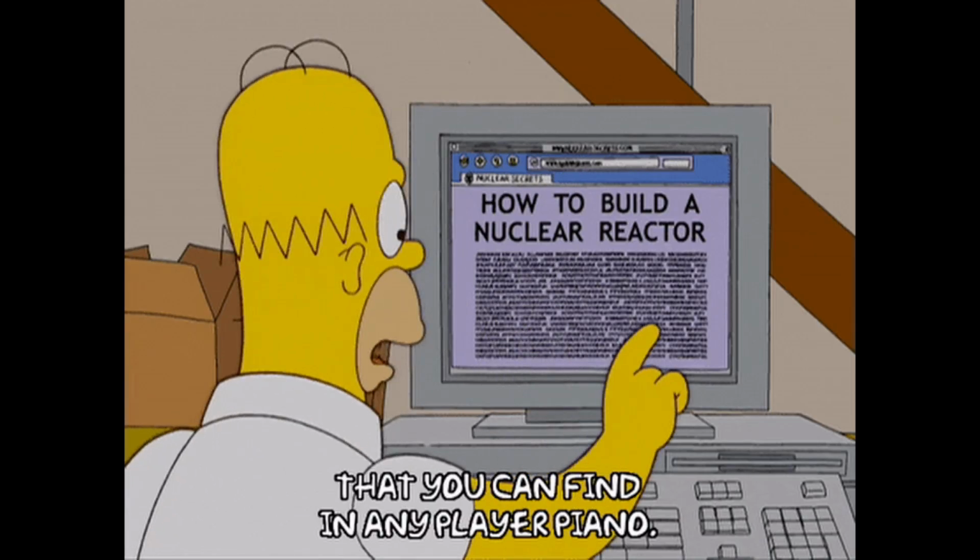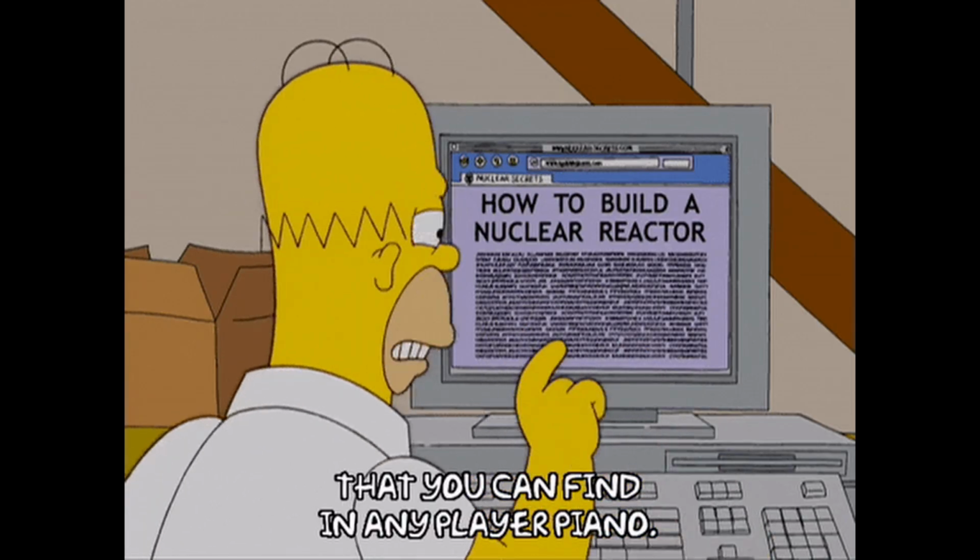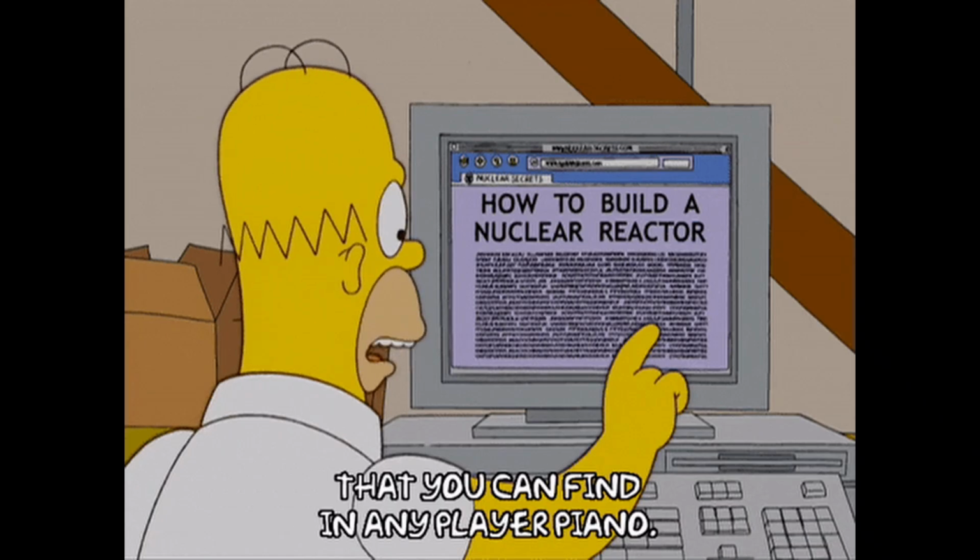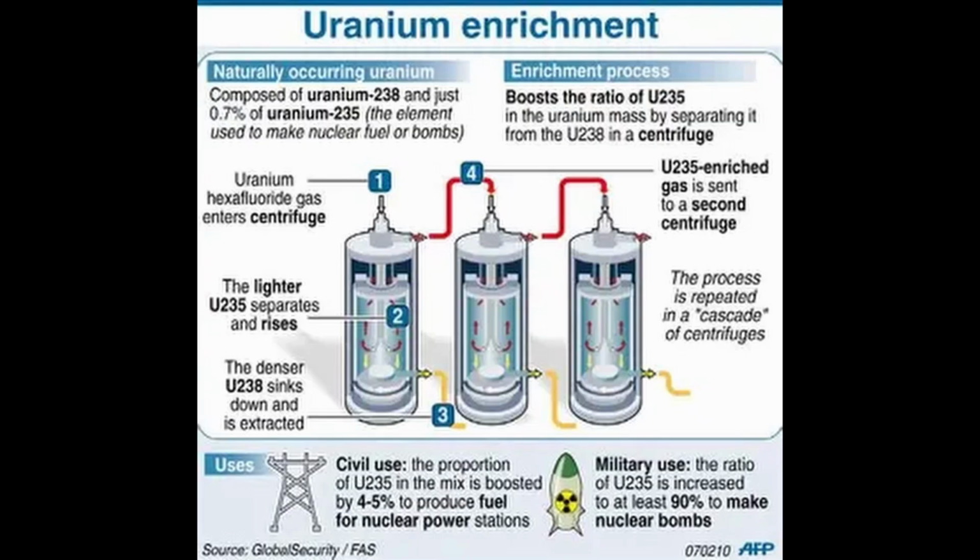And in order to get the desired ratio of different uranium isotopes, a process known as gas centrifuge is utilized. To simplify it incredibly, the uranium is converted into its chemical form, hexafluoride, also known as UF6, and this exists as a gas at a viable operating temperature.